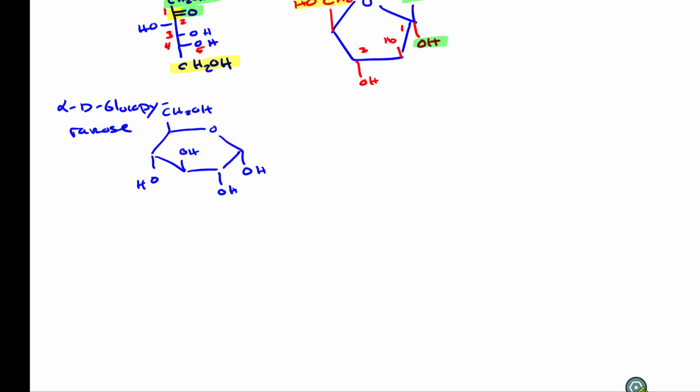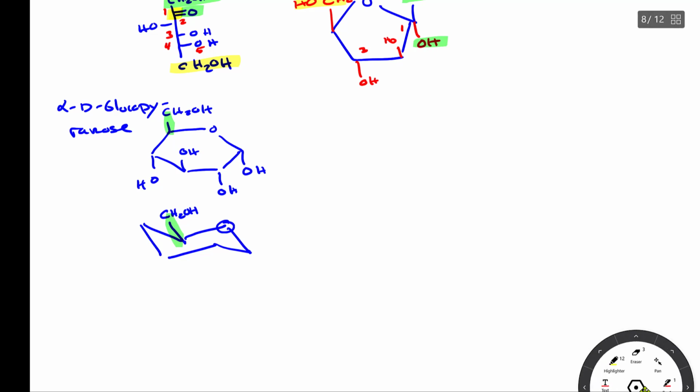If you were to draw that in a chair configuration, the oxygen would be at the corner. That's right here. And so in the most stable conformer, and that's really what we're interested in, we want the CH2OH to be in the equatorial position. And if you do that, what that means is if this group is put in the equatorial position, if you remember what that does, that forces all the other groups that are opposite, like this, the next adjacent group, that is equatorial.